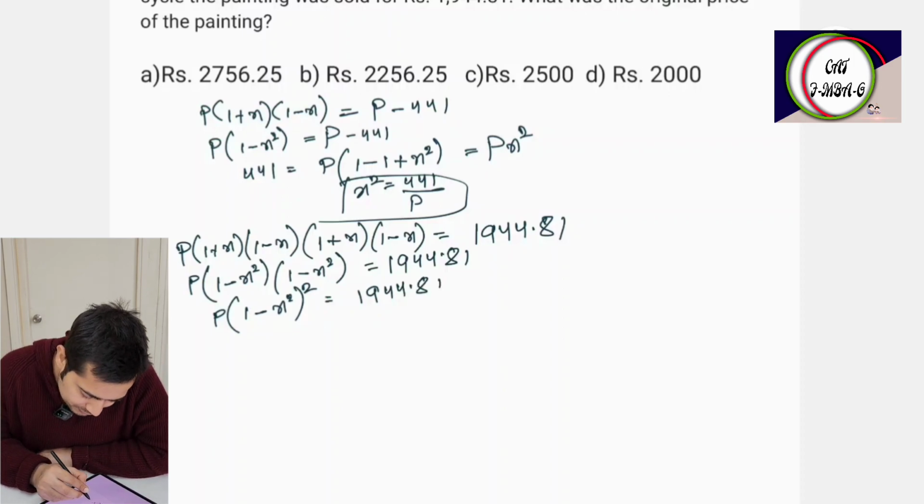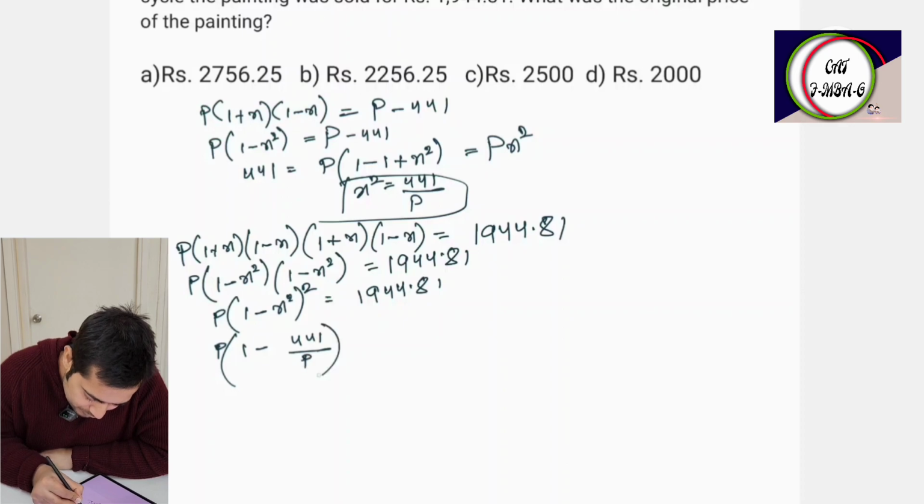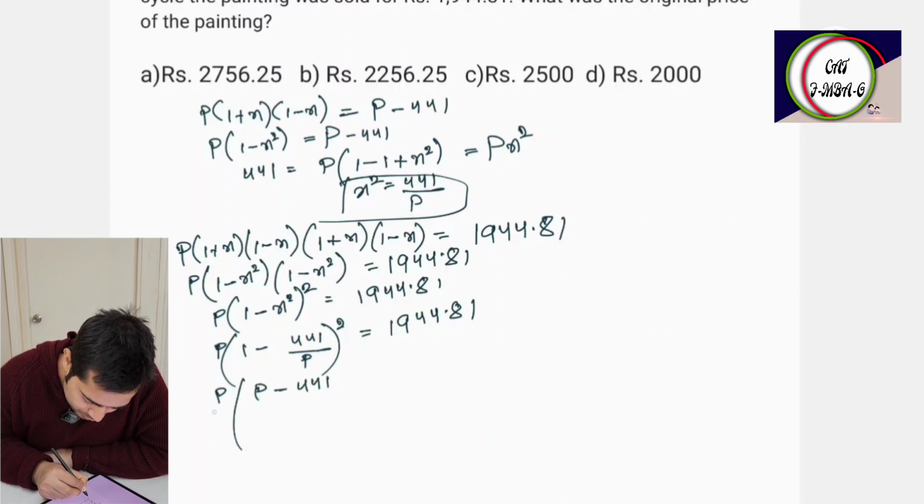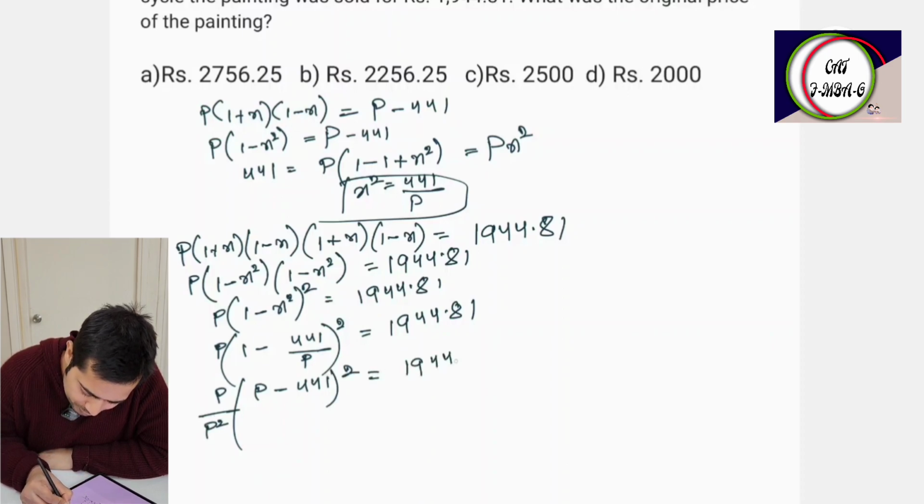Or what you can do is, instead of x square you can write it as 441 by P. So P(1 minus 441 by P) the whole square is equal to 1944.81, or you can write it as ((P minus 441) divided by P) whole square is equal to 1944.81.